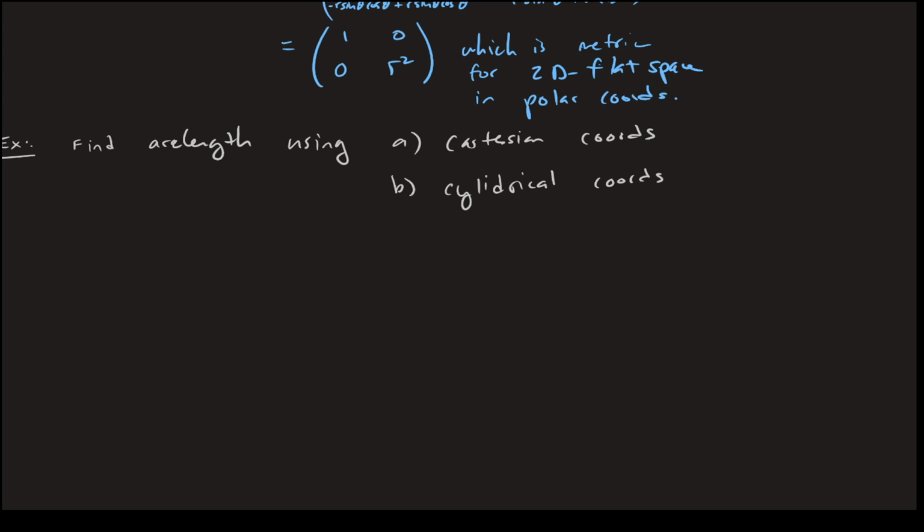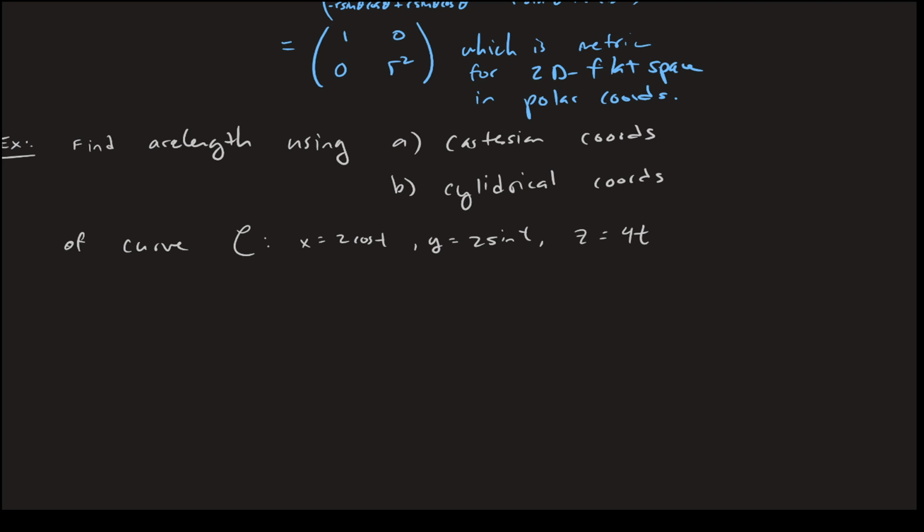So find the arc length of a curve C, which is x equals 2 cosine t, y equals 2 sine t, z equals 4t.